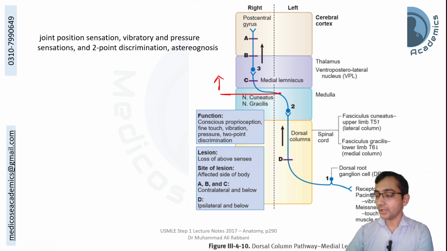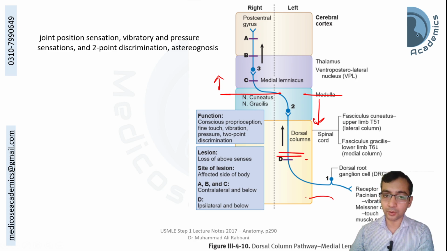However, any lesion that is below the level of decussation, that is within the lowermost part of the medulla oblongata or the spinal cord as shown at this point here, will lead to the ipsilateral loss of pain and temperature, as we are below the level of decussation, because the signal that was interrupted was coming from the same side.